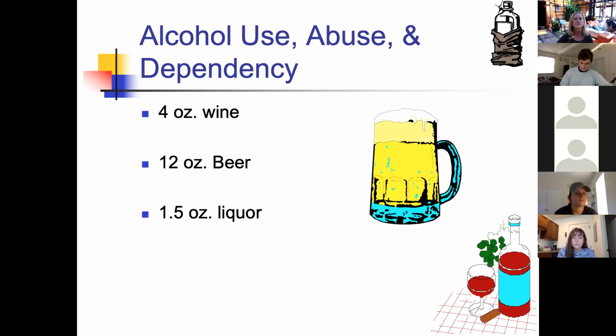Okay, let's talk a little bit about alcohol use, abuse, and dependency. A serving, 4 ounces of wine, a 12-ounce beer, or 1.5 ounces or a shot of liquor would be 1 unit of alcohol.